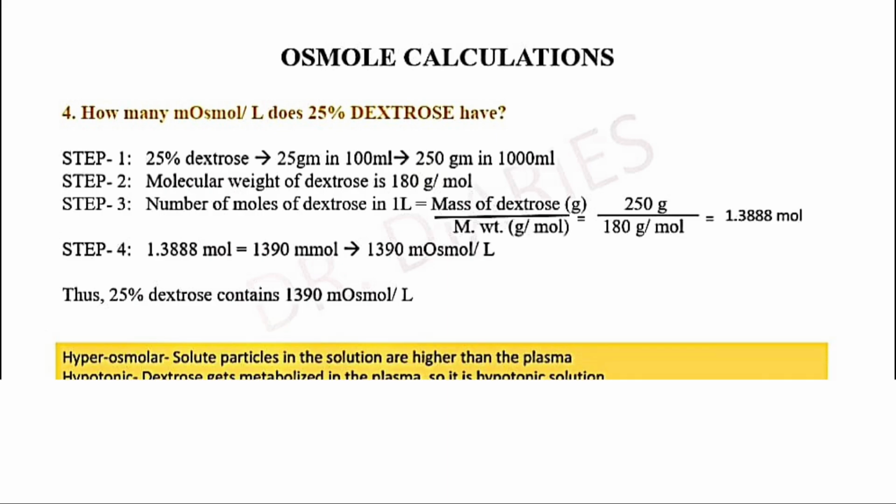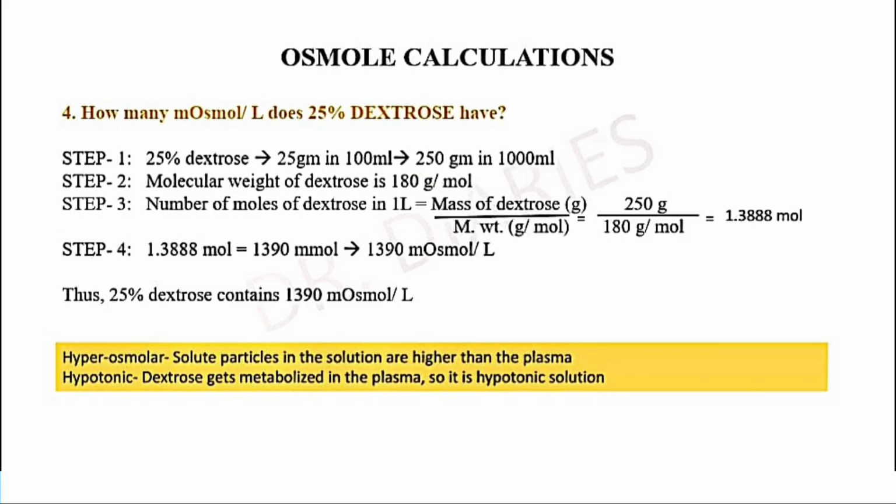Thus, 25% dextrose contains 1,390 milliosmoles per liter. It is hyperosmolar because the solute particles in the solution are higher than that of plasma, and it is hypotonic because dextrose gets metabolized in the plasma.